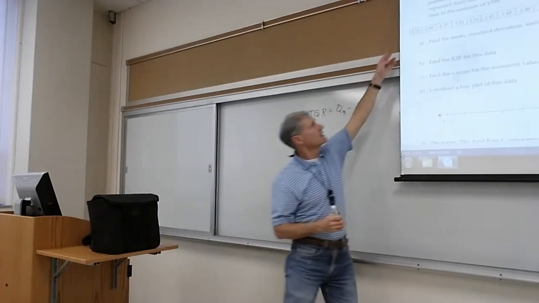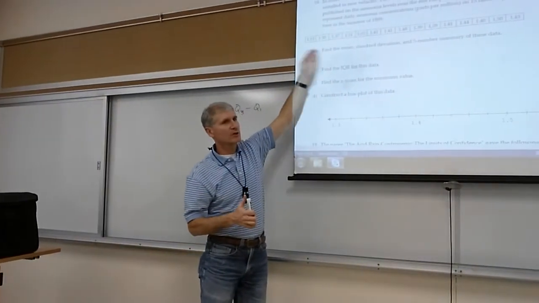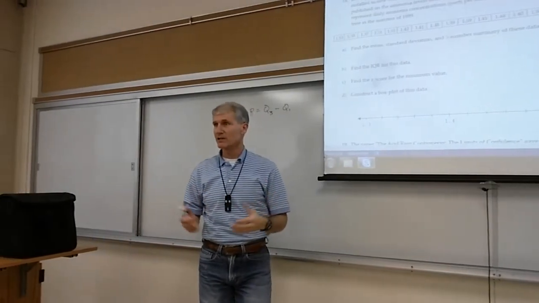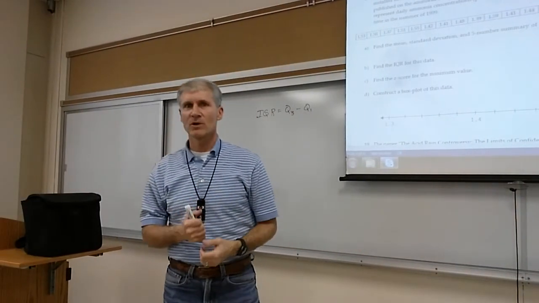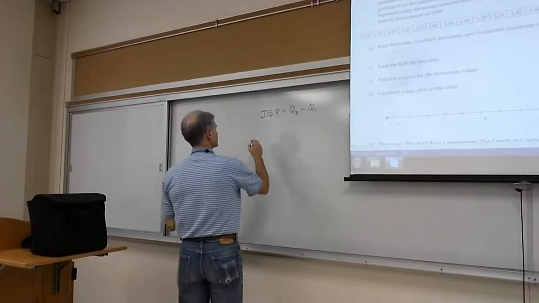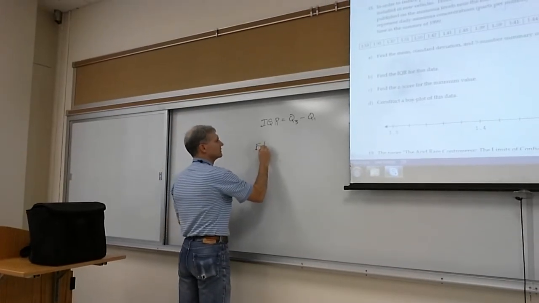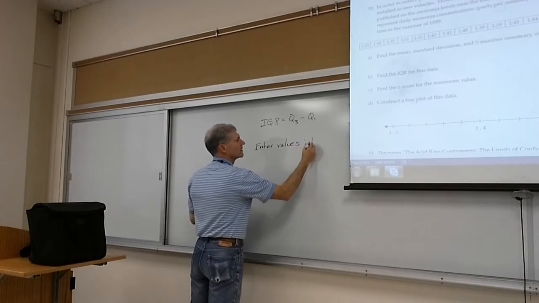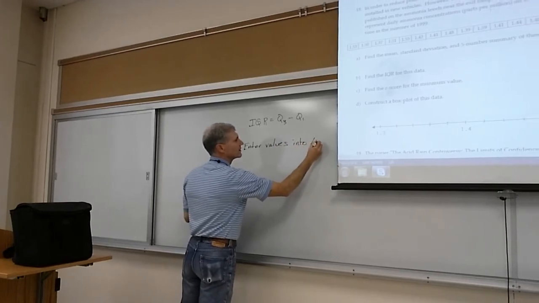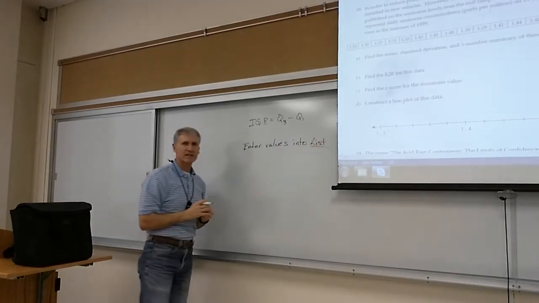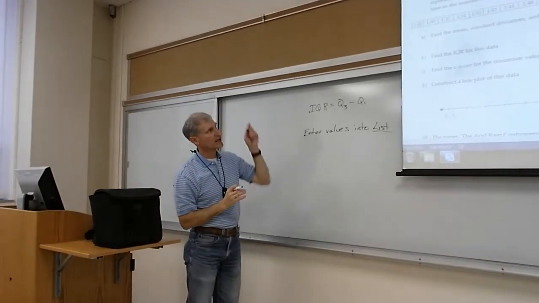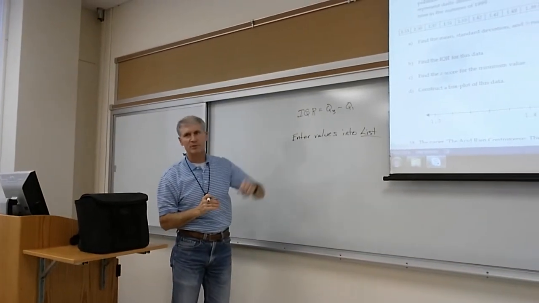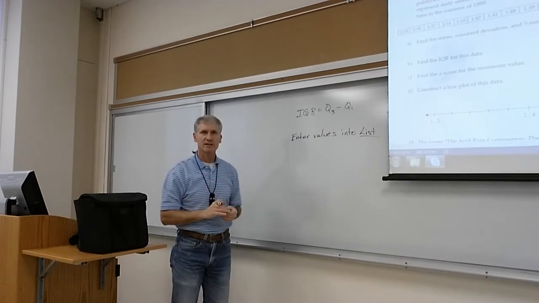So you're going to take these numbers and put them into a list, say L1 in your calculator, and then do what? Once you have the data in a list, where do you go to get mean, standard deviation, 5-number summary, all those things, all in one shot?